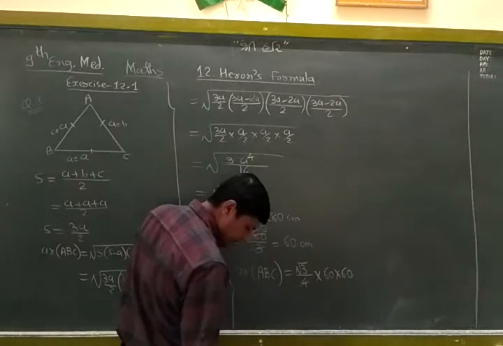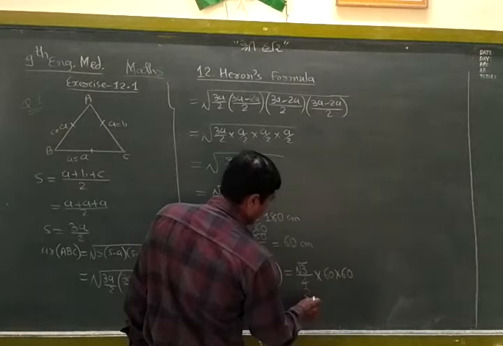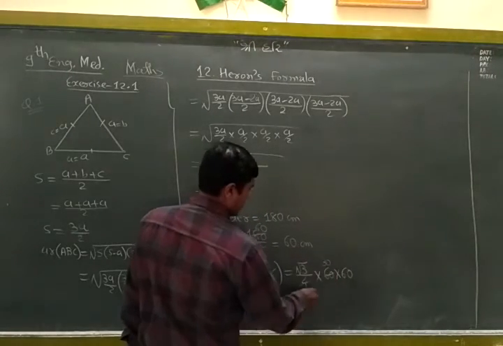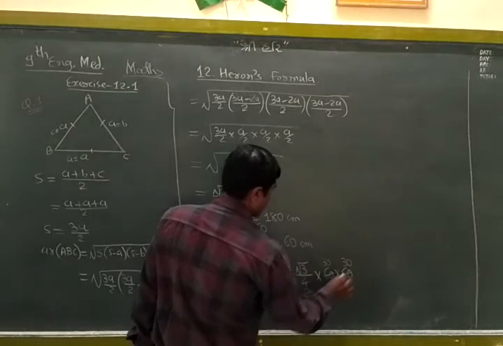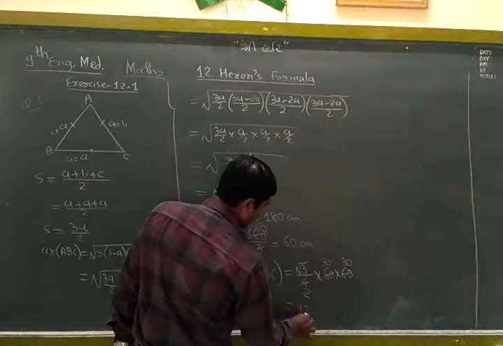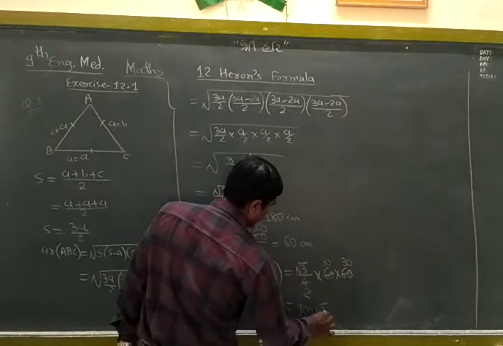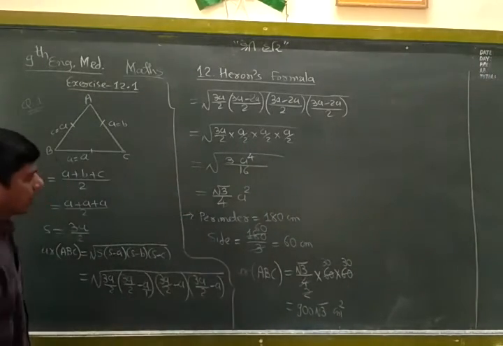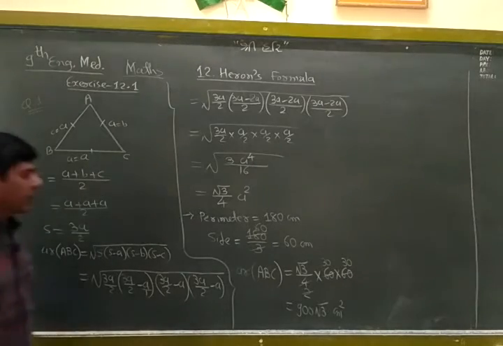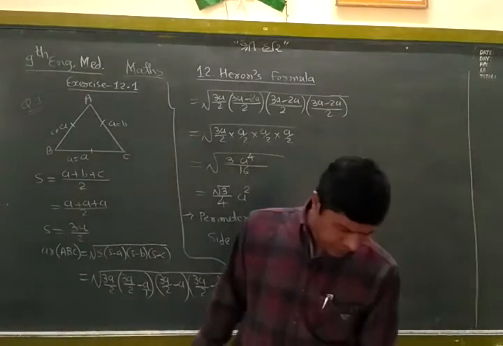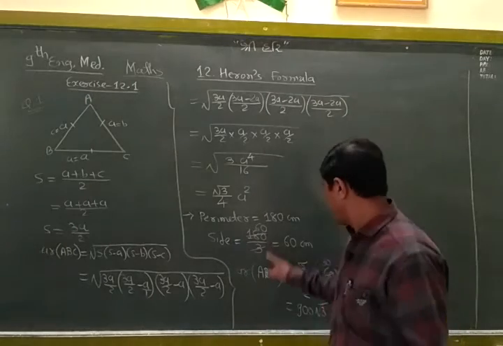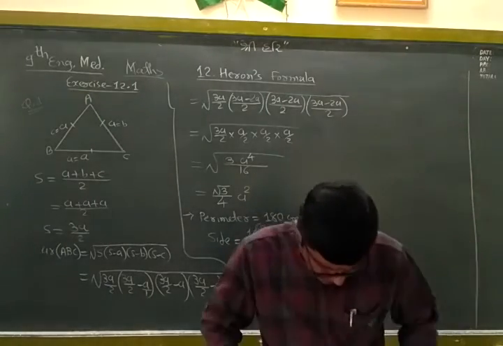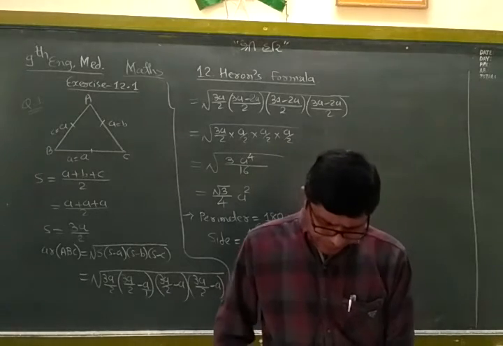Okay, this cuts, 2 2s are 4, 30 2s are 60, so 30 into 30, 900 root 3 centimeter square. This is question number 1. If perimeter is 180, area will be 900 root 3. Okay, this is the answer.